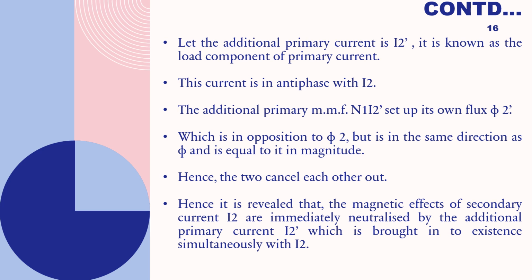The additional primary MMF N1 I2 dash sets up its own flux phi 2 dash, which is in opposition to phi 2 but in the same direction as phi, and is equal to it in magnitude. Hence the two cancel each other. Hence it is revealed that the magnetic effect of the secondary current I2 is immediately neutralized by the additional primary current I2 dash, which is brought into existence simultaneously with I2.